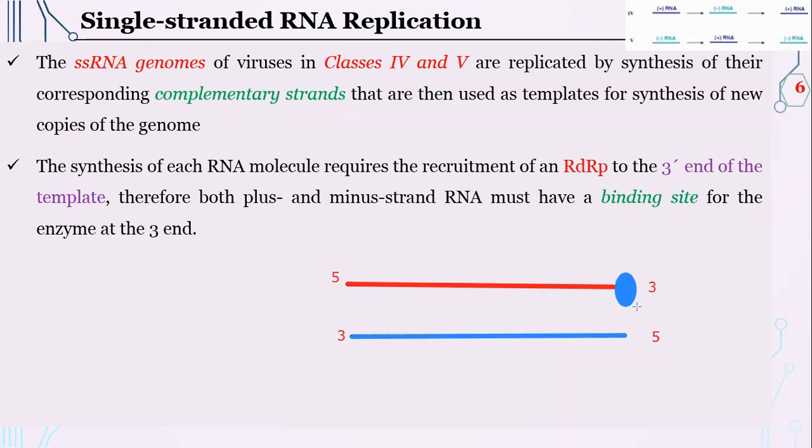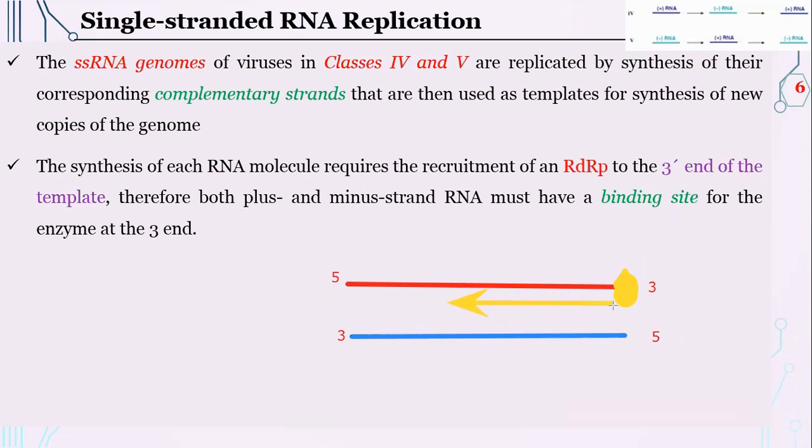So the RNA-dependent RNA polymerase needs to have a site on the RNA. So this RNA has the site for the RNA-dependent RNA polymerase to bind here, and once it is bound there, it will move in this direction, and it will produce the negative sense RNA.